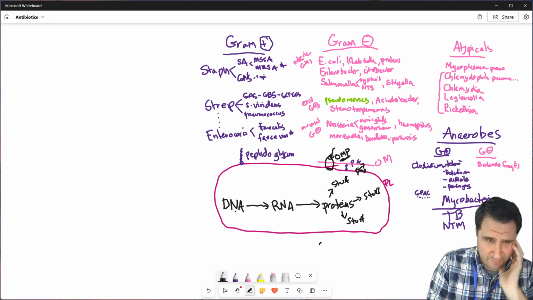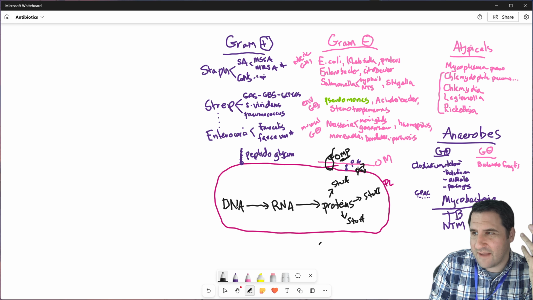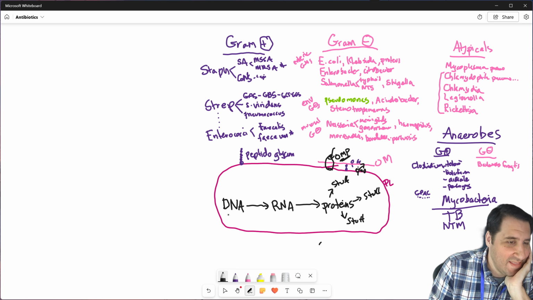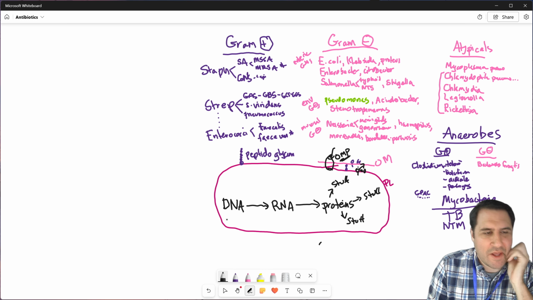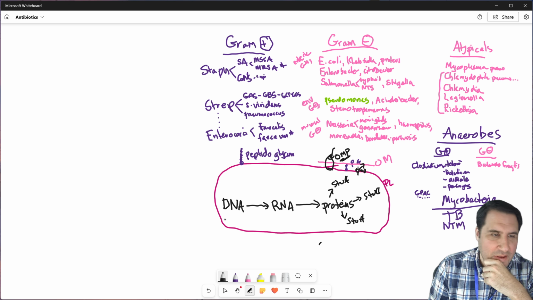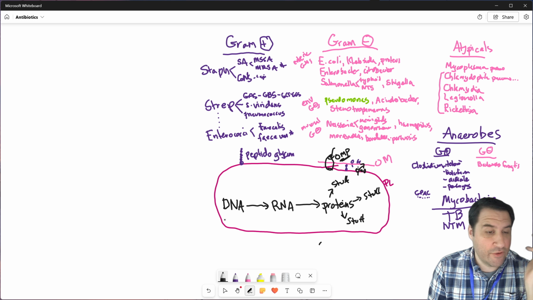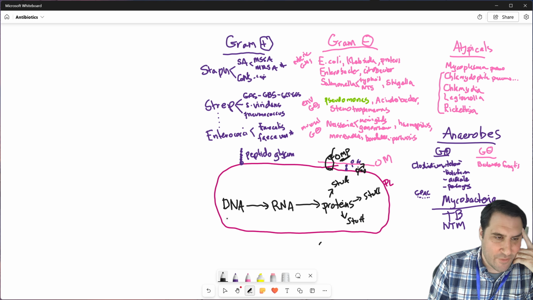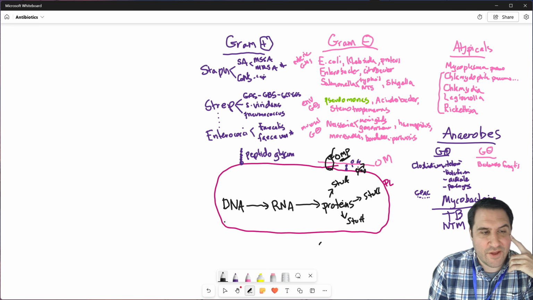Well, recall all life on this planet has DNA. So is there some way we can inhibit DNA from forming? And the answer is yes. There's a very important vitamin that 100% of humans need. It is important in the formation of the nucleotides or building blocks that make up DNA.